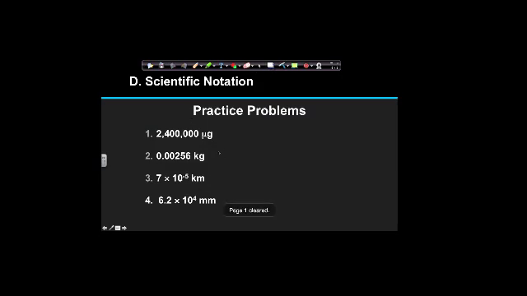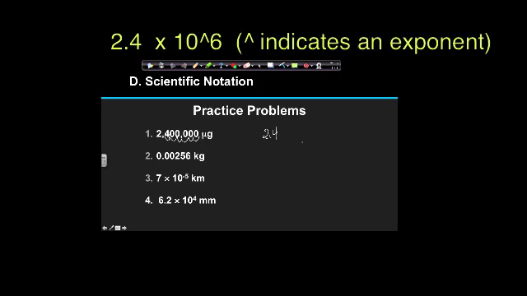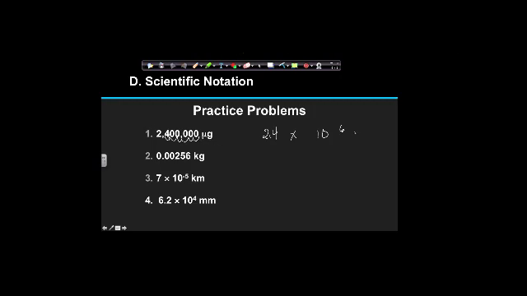Let's do a few of these. We're going to convert to scientific notation for the first two. Again, let's take our imaginary decimal and move it. 1, 2, 3, 4, 5, 6. So it's 2.4. I moved it until there's only one number in front of the decimal, and I moved it 6 times. Since this is a large number, the exponent is positive.